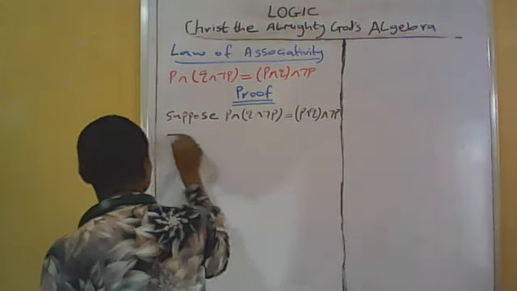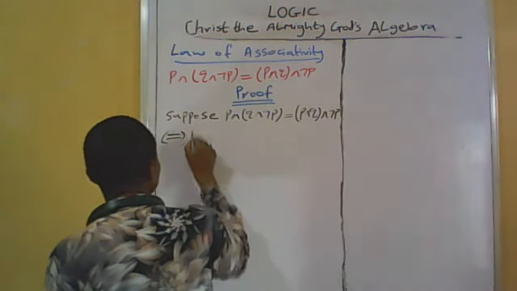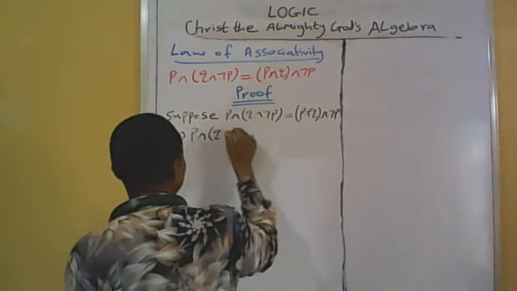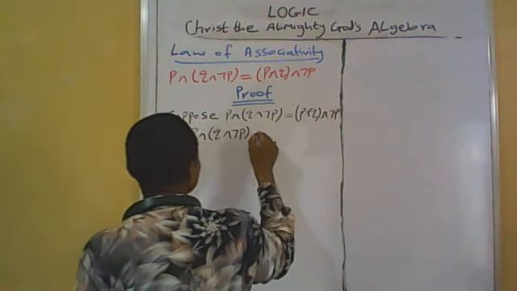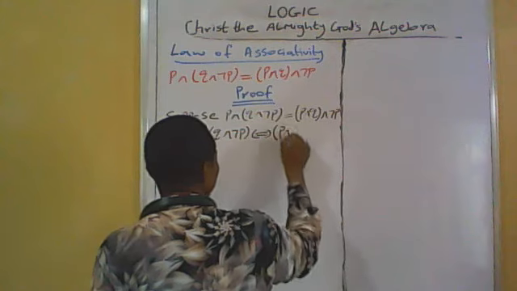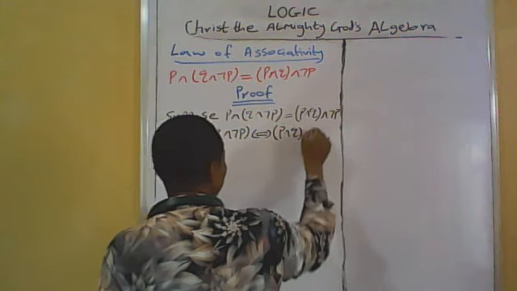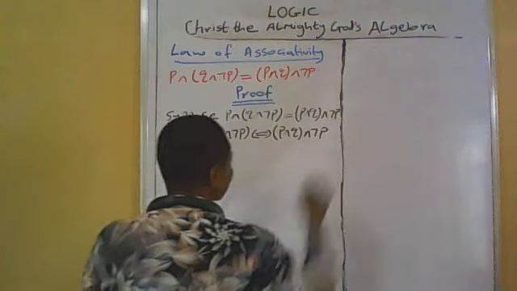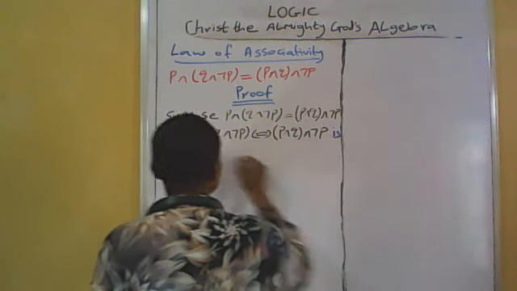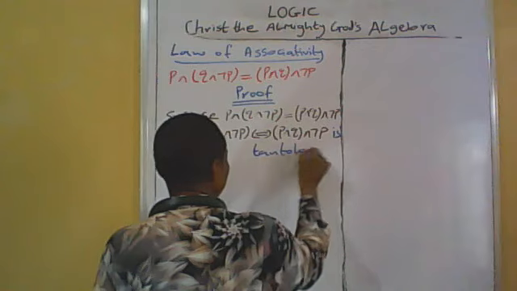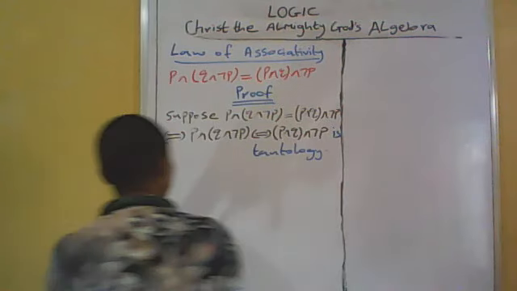So P and (Q and not P) if and only if (P and Q) and not P is a tautology.